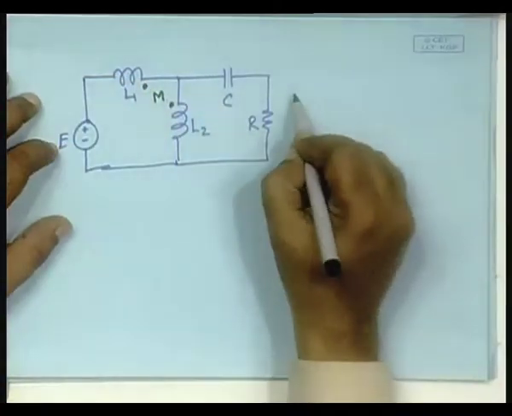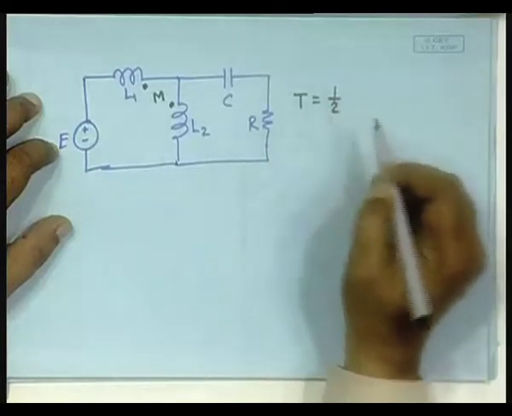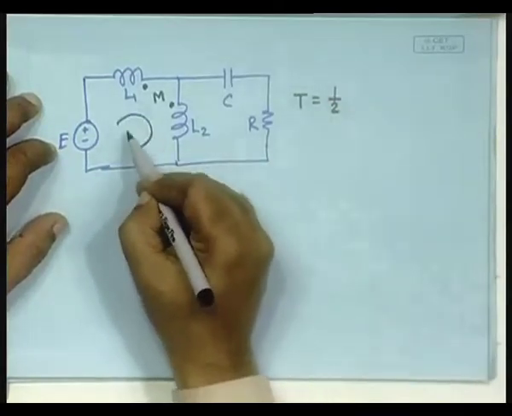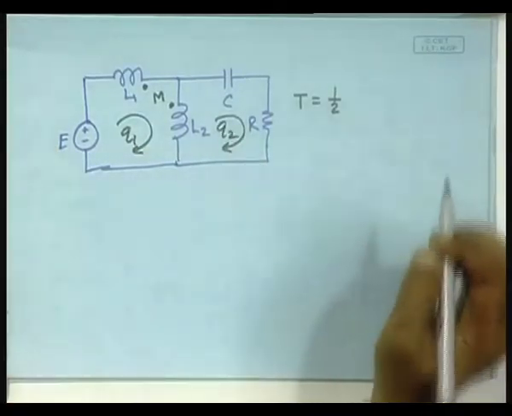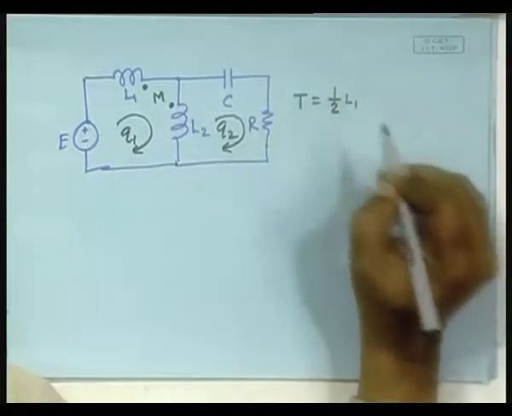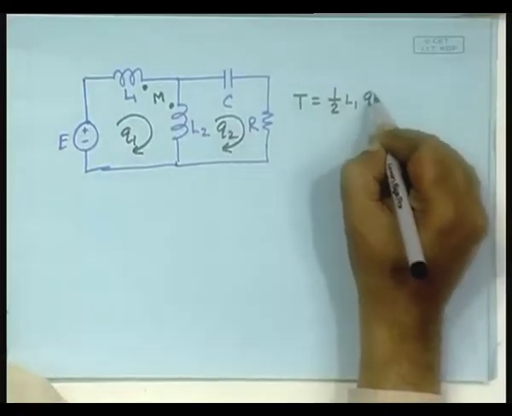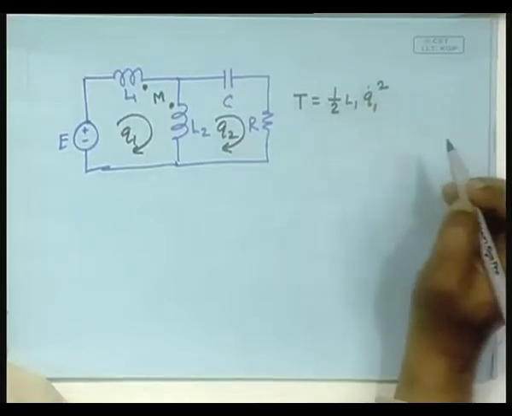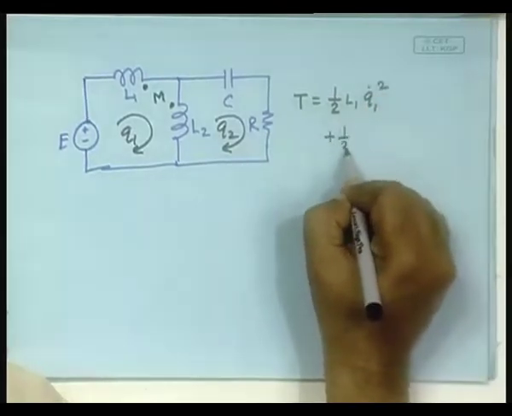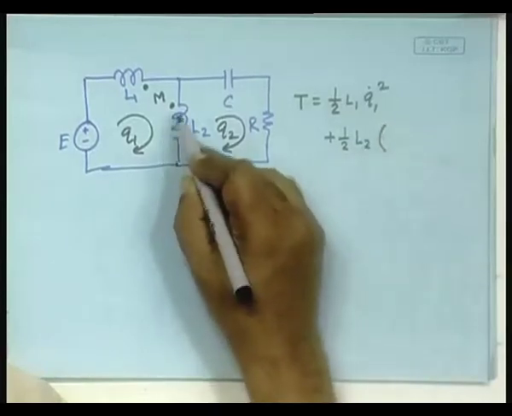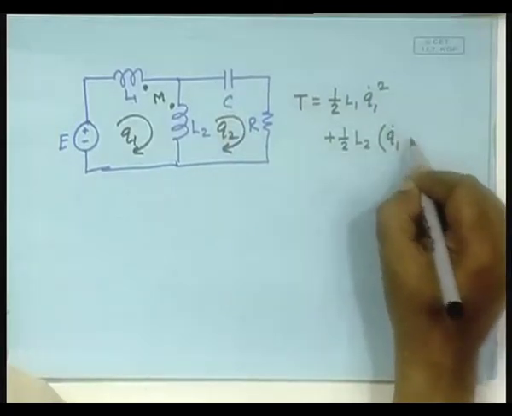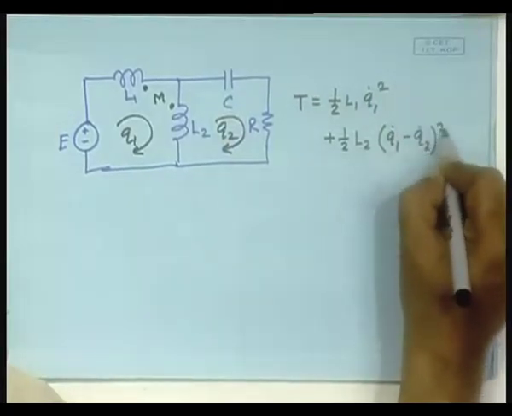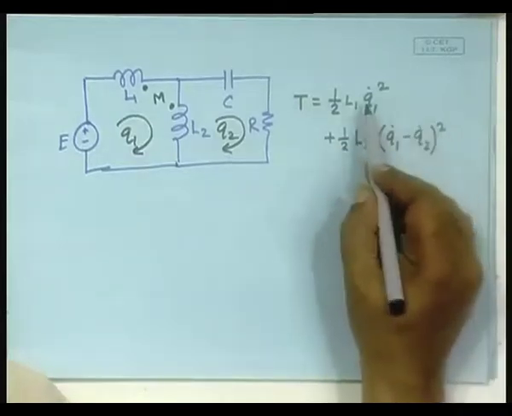So, the kinetic energy, if this is not there, would be written, designating the two coordinates, as half L1 Q1 dot square plus half L2 (Q1 dot minus Q2 dot) square, in the absence of this mutual inductance.